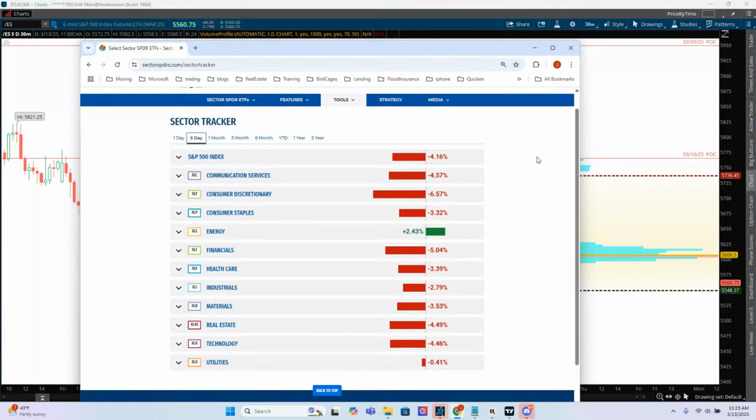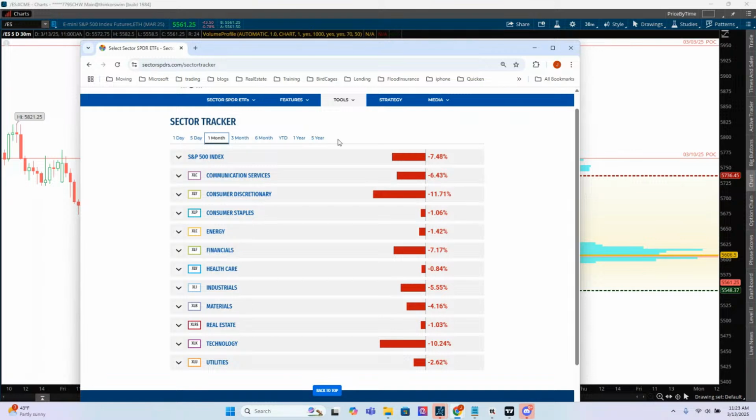Up until about a week ago, that wasn't really the case, but it has been over the last week. If you look at the last month, discretionary, which is like Tesla, is down 12%. Technology, that's the Qs, is down 10%. Financials, that's like JP Morgan.